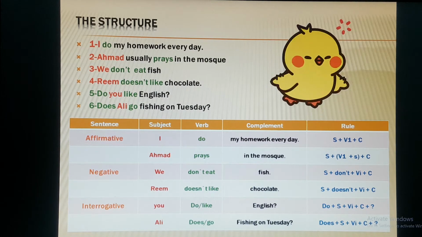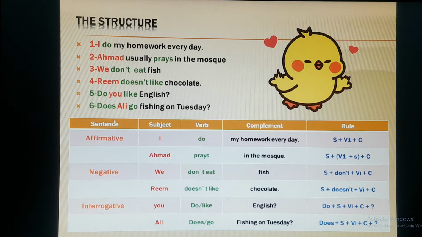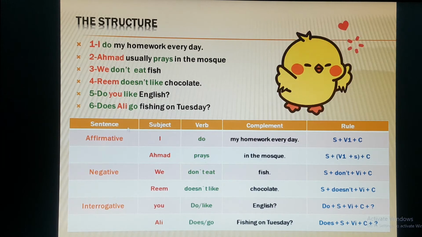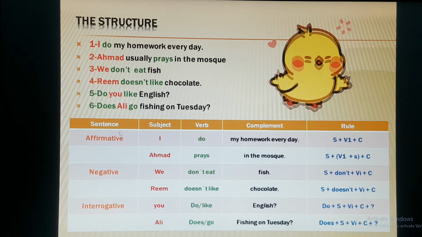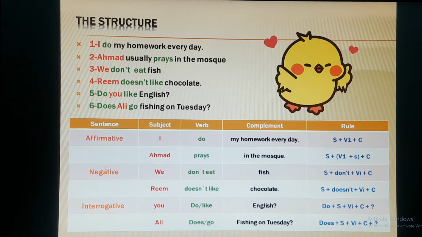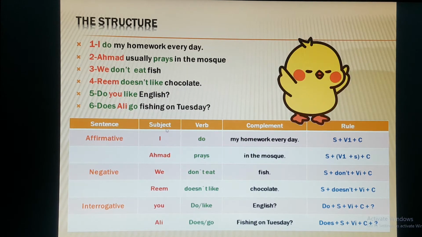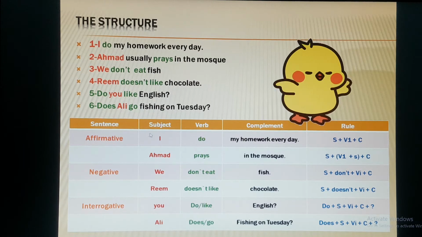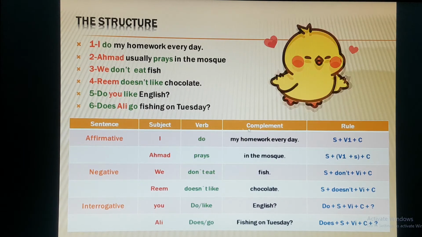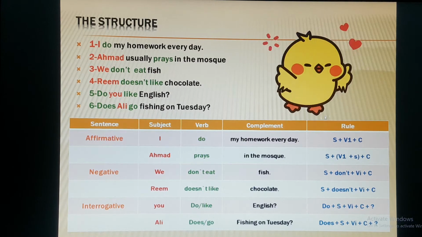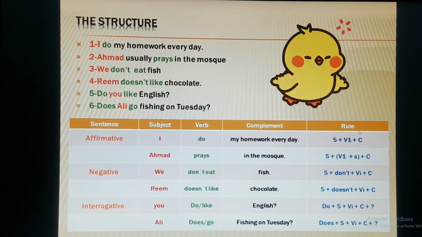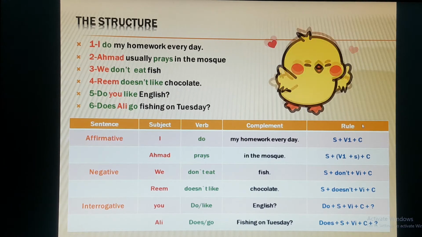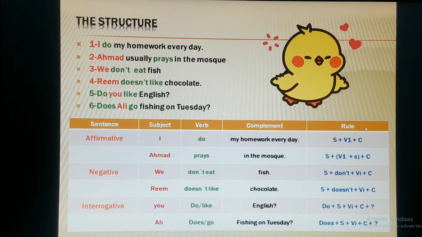In the dialogue we have the sentence type, نوع الجملة, if it's affirmative, إذا كانت مثبتة, negative, منفية, or interrogative. And here we have the parts of the sentence: subject, verb, and complement. Subject means فاعل, verb فعل, complement تكملة الجملة. And here we have the main rule of the structure of the present simple tense.